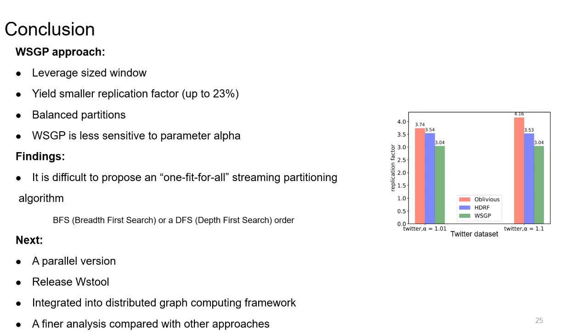There is another thing to discuss, which is the input order. It is difficult to propose a one-fits-all streaming partitioning algorithm for orders such as BFS and DFS order. We think for these kinds of order, it's better to propose a specific algorithm to deal with it.